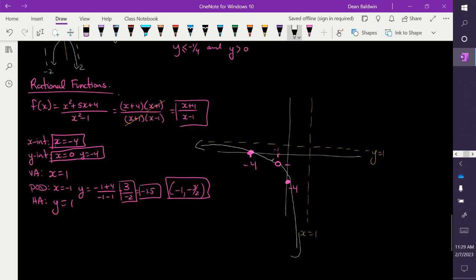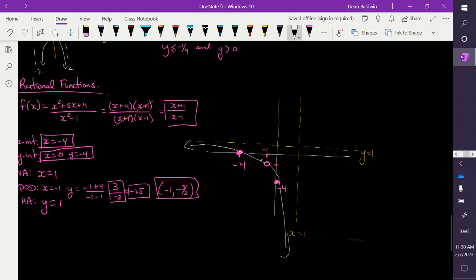How do you figure out where it is on the other side of the vertical? You pick an x value that is on this side of the vertical asymptote. It doesn't matter what value. You can pick a big one or a small one, doesn't matter. I'm just gonna pick 2, okay? Is that okay? Because it's bigger than x is equal to 1.